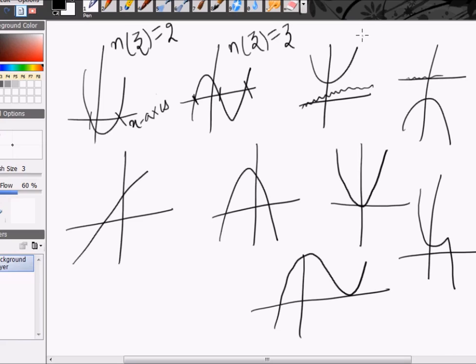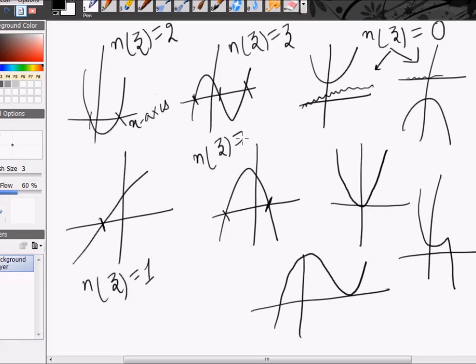Therefore, number of zeros in both the cases is equal to 0. In the fifth graph, the graph cuts the x-axis at a single point. Therefore, number of zeros equal to 1. In this graph, the graph cuts x-axis at 2 points. Therefore, number of zeros equal to 2.